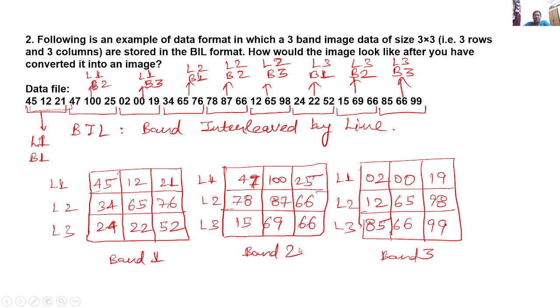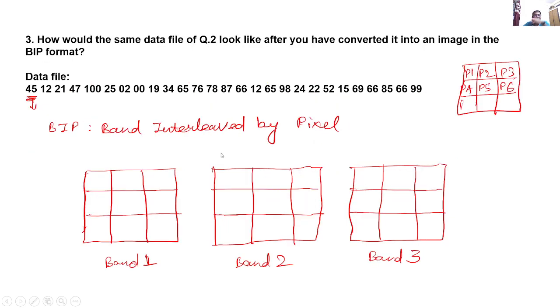Yes, sir. Okay, so let's move to the band interleaved by pixel example. I've kept the data values the same, just so that you can understand that there is a particular difference between them. Now this is band interleaved by pixel. Let us suppose I am making a 3 by 3 image matrix on the top right.